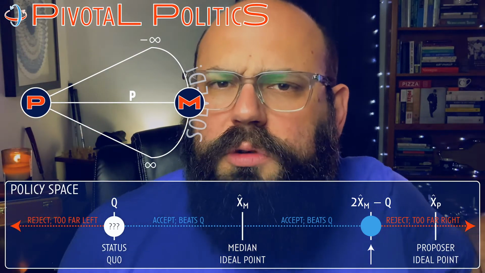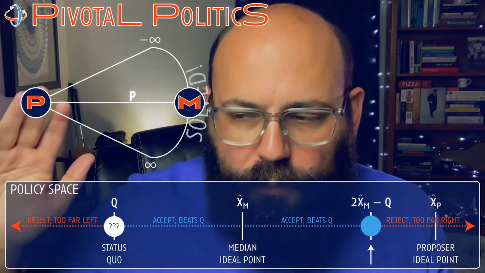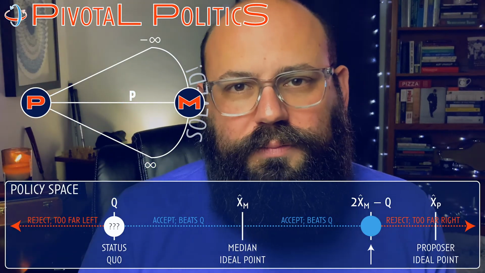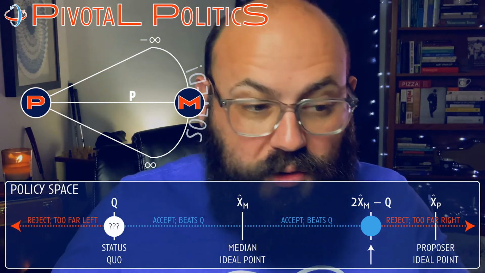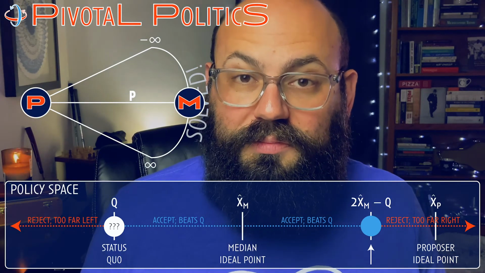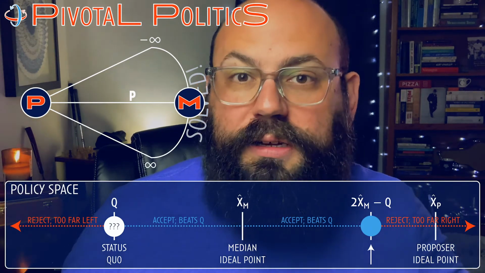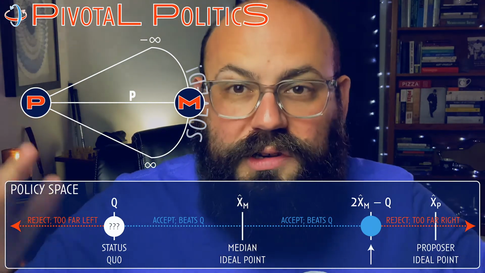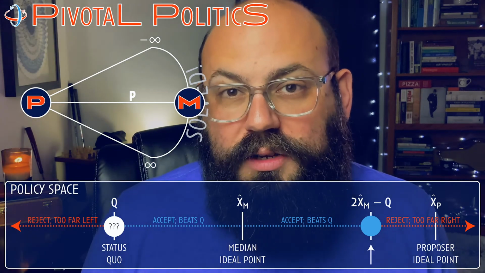So let's say Q was very far to the left, the median voter was in the exact middle, and the proposer was very far to the right. The proposer is going to be able to create an equally polarizing outcome. They're going to be able to come up with an outcome that is just as disharmonious with the accumulated preferences of society as the status quo was. They have first mover advantages.